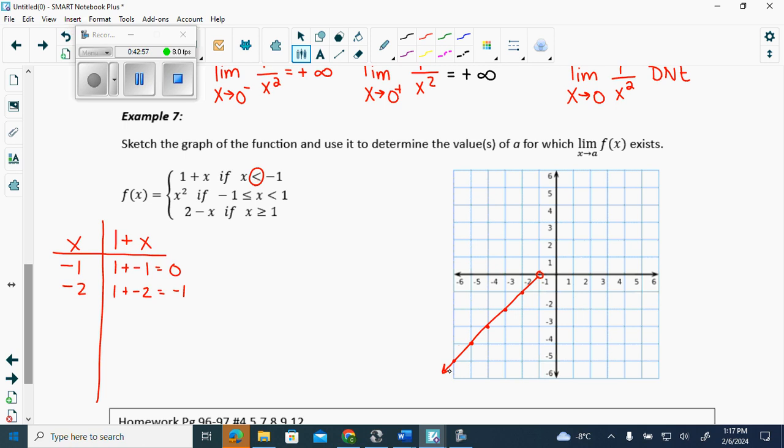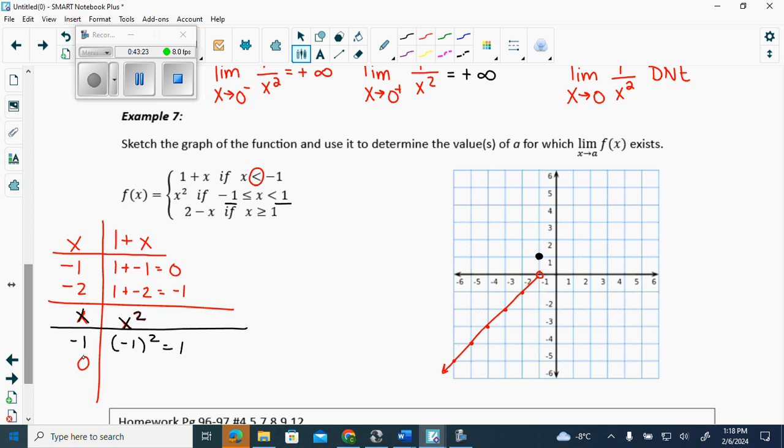The next one is x squared. So now I would have x and then x squared. But it starts at negative 1 and goes to 1. So if I put negative 1 in here, negative 1 squared is 1, and it's a closed dot because it's equal to. So I'm at negative 1 and 1, closed dot.